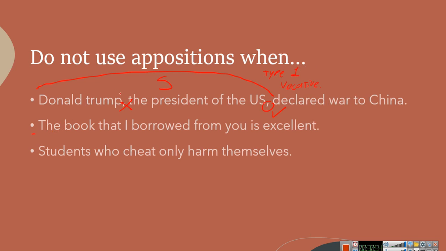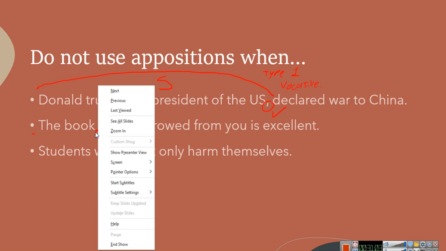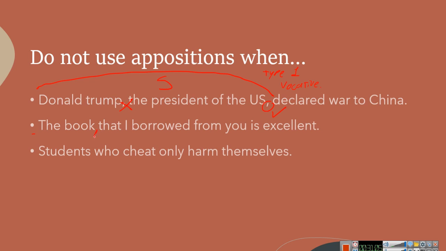Now look at this one. The book that I borrowed from you is excellent. If we were using the vocative case, I would need to make a comma like this. The book, that I borrowed from you, is excellent. However, that doesn't make much sense because we have this word, that. So right here, the subject and the predicate have a very good relationship. The book, which book?